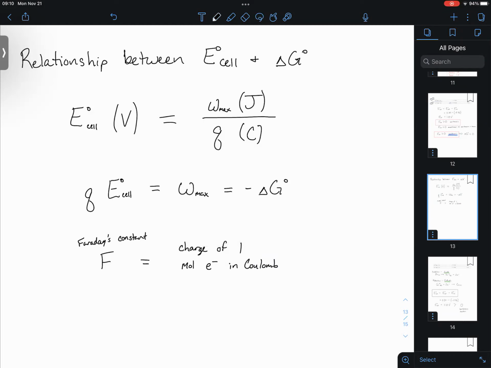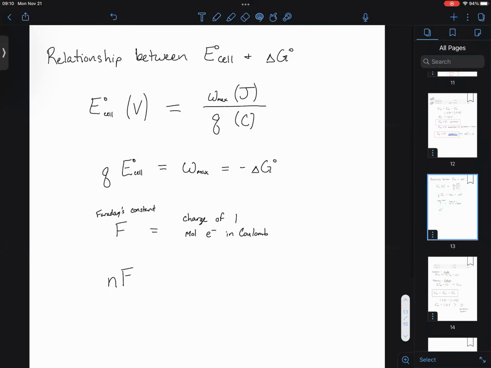Okay, so that means for my charge Q, I can plug in n times F. n is the number of moles of electrons transferred in a reaction, and F is Faraday's constant.